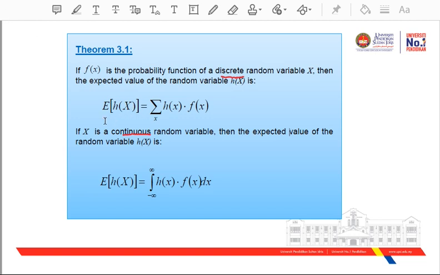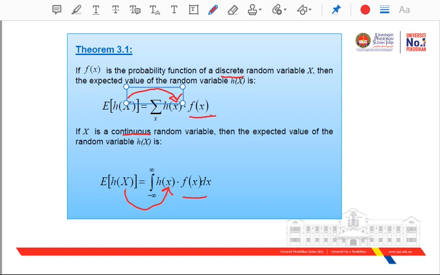E[h(x)] here represents the expected value of the function h(x). It means you are given another function h(x) and you need to find the expected value of that function. So the keyword is anything in the bracket you multiply with f(x). Look here, h(x) in the bracket, you multiply with f(x).